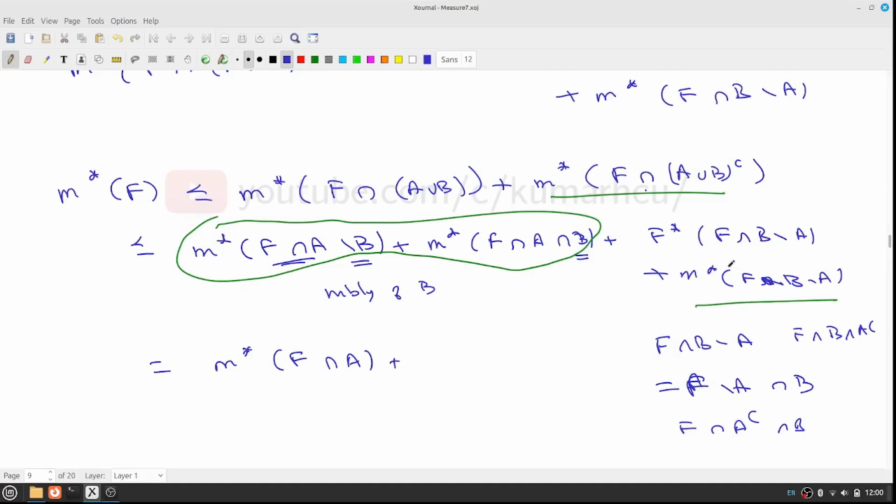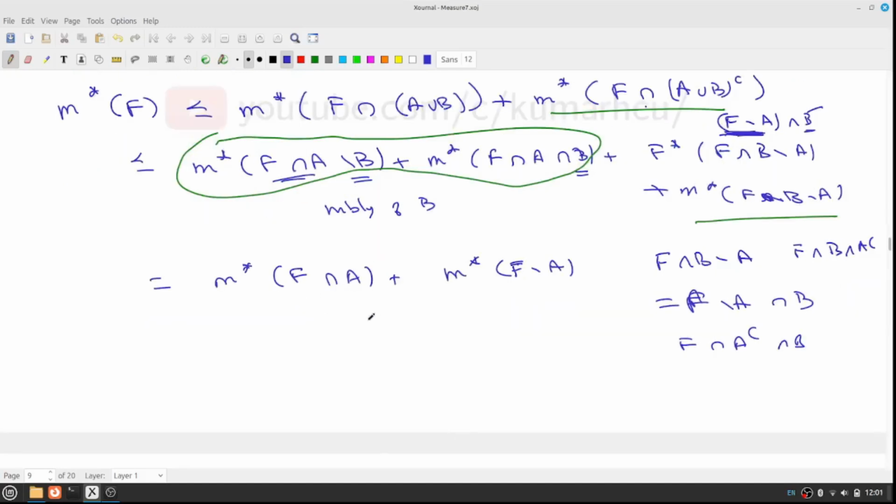Now, therefore, think of this as F minus A intersection B. Use F minus A as a test set and measurability of B. Then what I have is m star of F minus A. So use measurability of B and this as a test set, so they add up. Now you see that A is measurable.